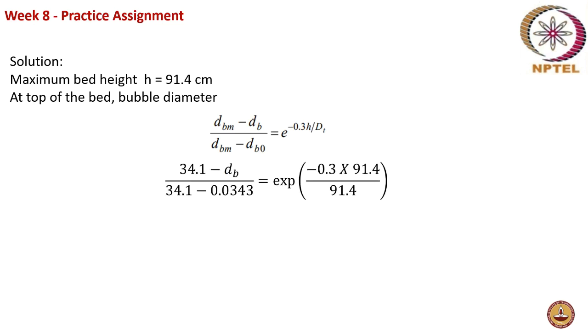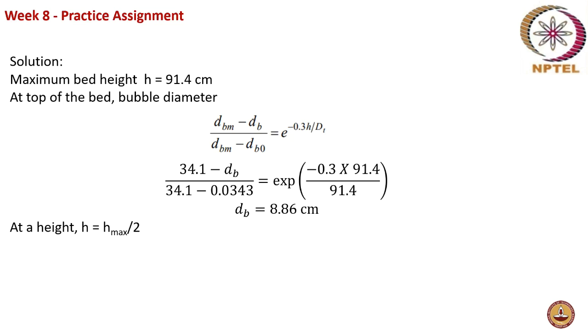At the maximum height of the bed, the diameter of the bubble is 8.86, just substituting the height of the bed in the expression. We have all other terms calculated. So now we substitute h as 91.4 and find the bubble diameter to be 8.86.